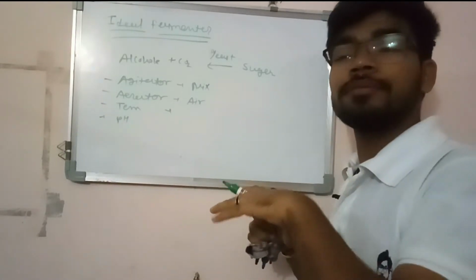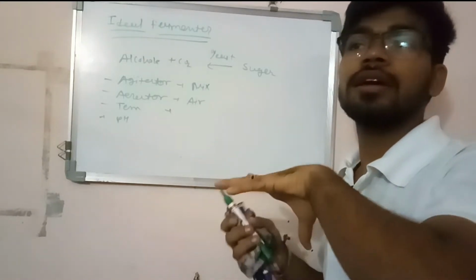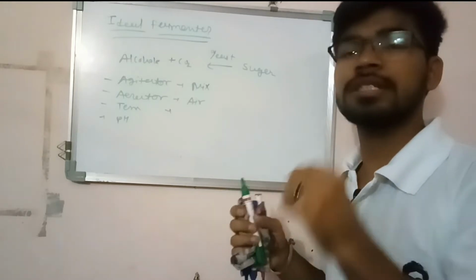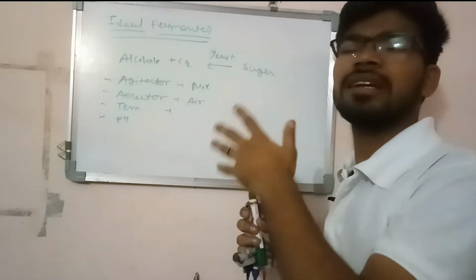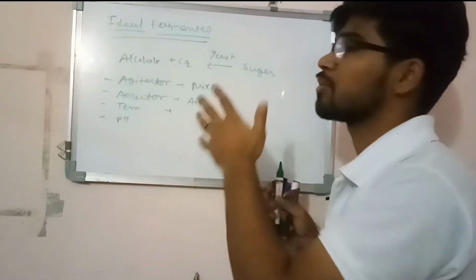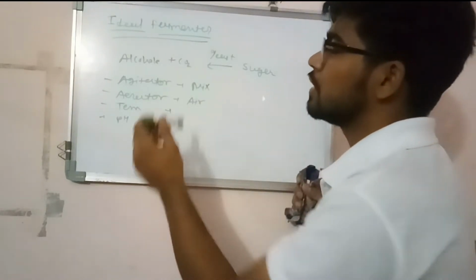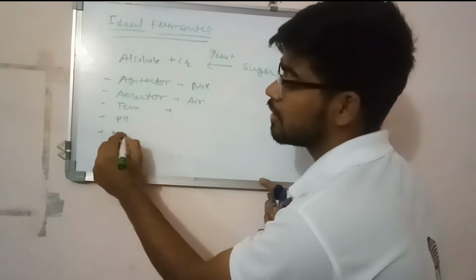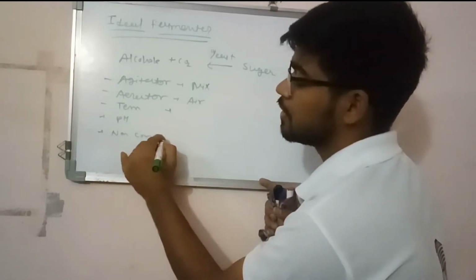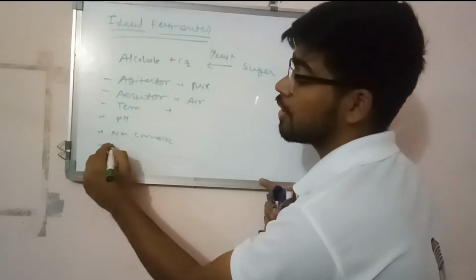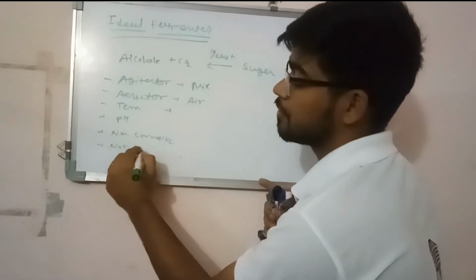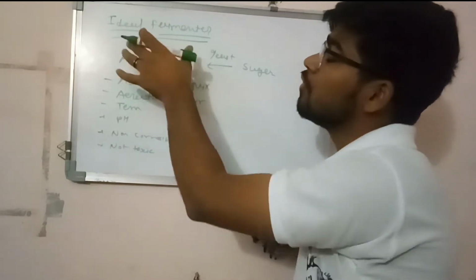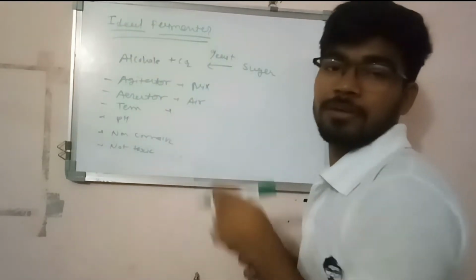It should be available for a variety of organisms, not a single organism, otherwise the industry would be at a loss and not get a profit. There are lots of characteristics, like it must be non-corrosive and non-toxic. These are some characteristics which should be fulfilled to become an ideal fermenter.